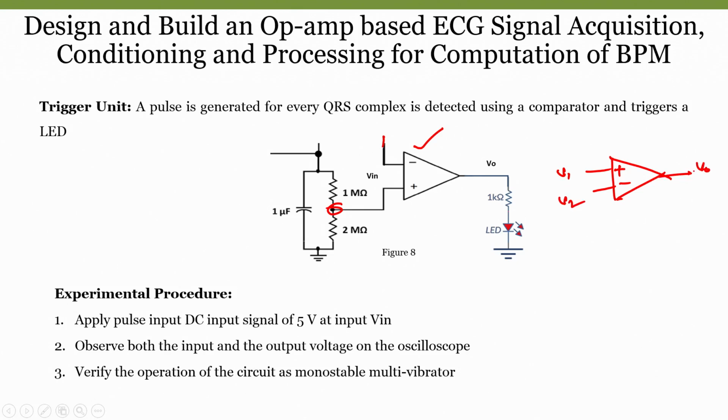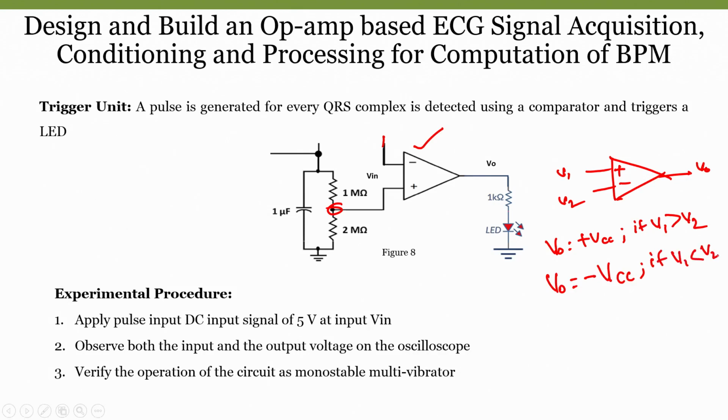The V0 will be equal to plus VCC if V1 is greater than V2, and V0 will be equal to minus VCC if V1 is less than V2.